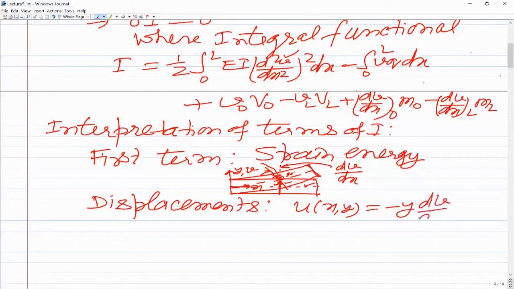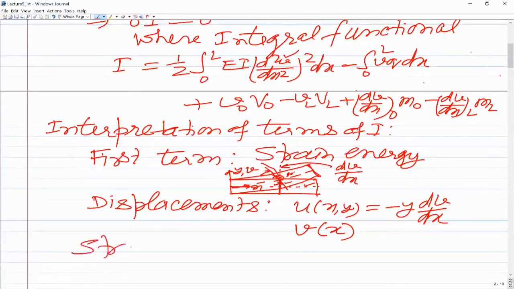We are assuming that this angle is small, so the rotation of the normal is small, therefore the distance can be written simply as y into dv by dx. So v is a function of x and y is coming in, therefore u is a function of x and y both. And of course you have the transverse displacement, that same point gets displaced along the y direction, and that is assumed to be only a function of x. So these are the displacements.